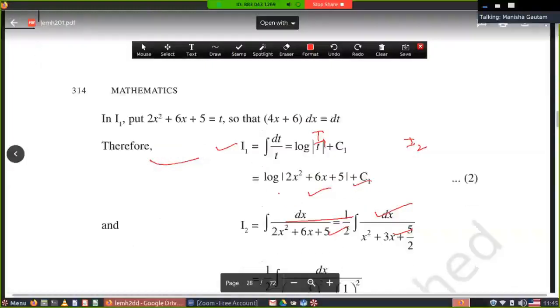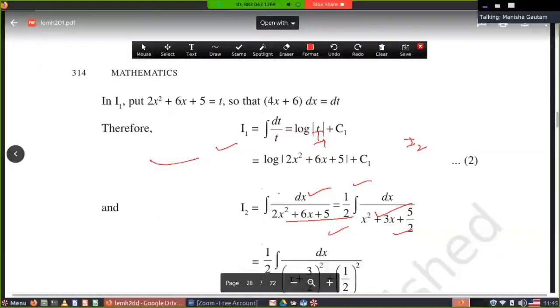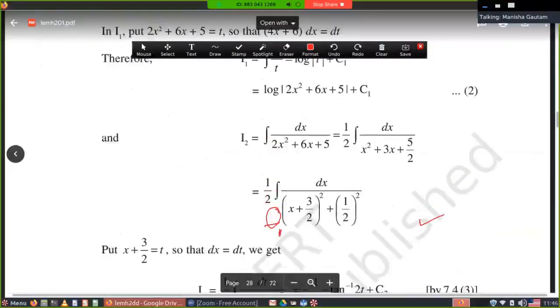Now integrate the second part. In the second part, you have to make the statement a perfect square. First, take common 2 to make the coefficient of x square 1. When you take common 2, you get x square plus 3x plus 5 by 2. Then add and subtract what? Half of the coefficient of x.